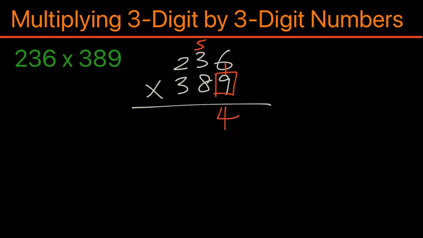And then 9 times 3, 27, and plus the 5 on top equals 32. So the 3 will go on top here. Next, 9 times 2. 9 times 2 is 18 plus the 3. So that'll be 21.